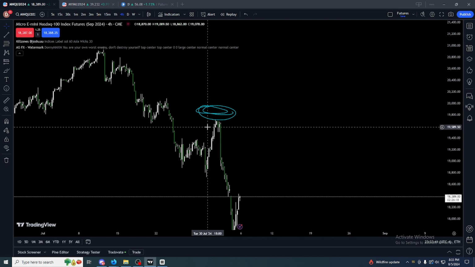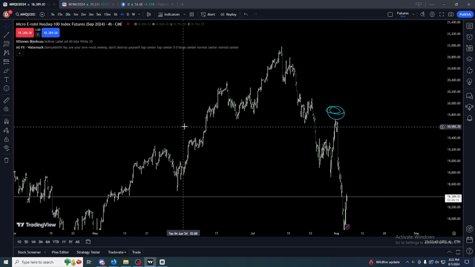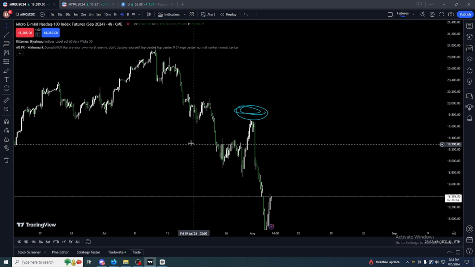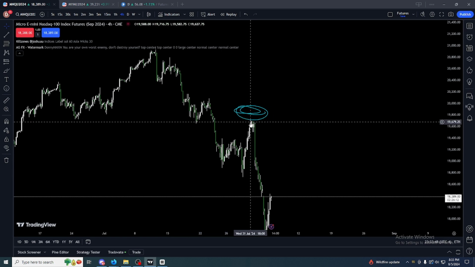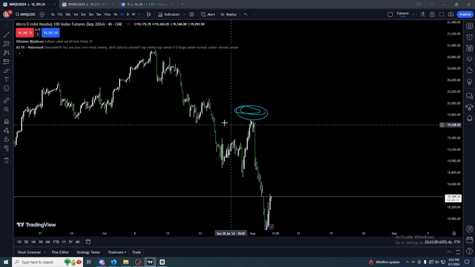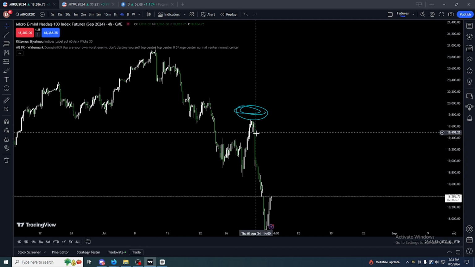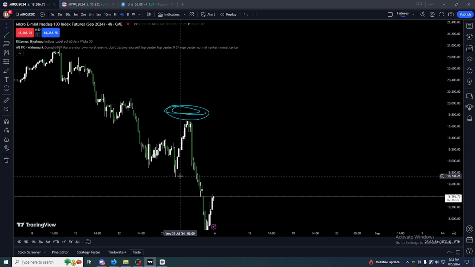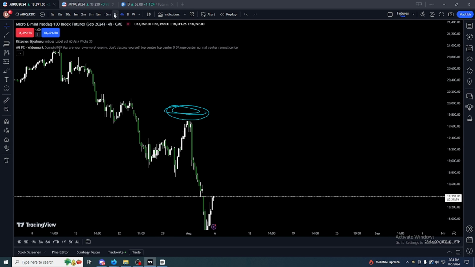At this point where I've marked out, we can see that we're in an overall bearish trend, and we're reacting off of this 4-hour gap, which means I'm anticipating price to go lower, down to the next external range point of liquidity.